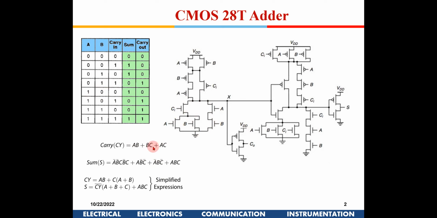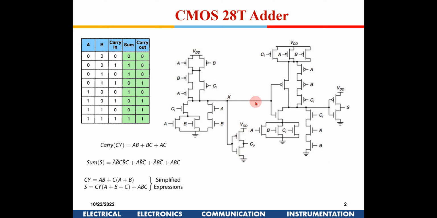If you take C common, then it will become A or B, and then and C. And then you have a dual of that PMOS on top of it. So you generate carry, and since you are not assuming that the complementary signals are available, we are making a pull down network from these signals directly, and then we are using an inverter to invert that and get the carry out here, right?